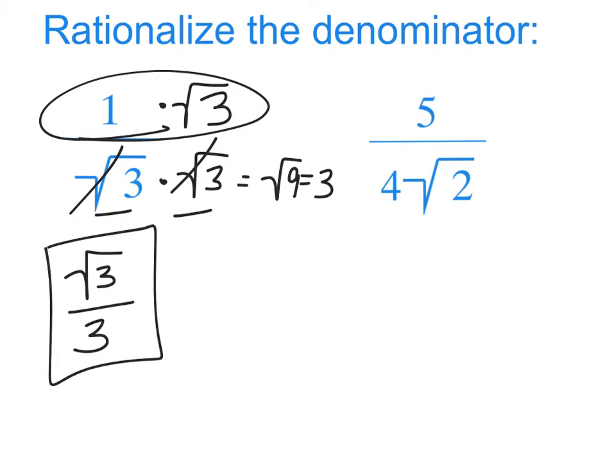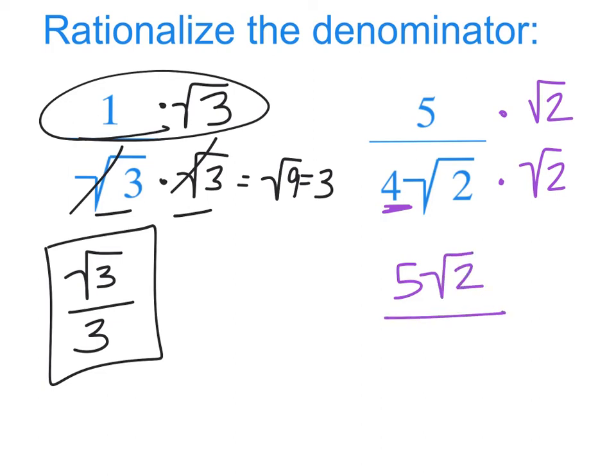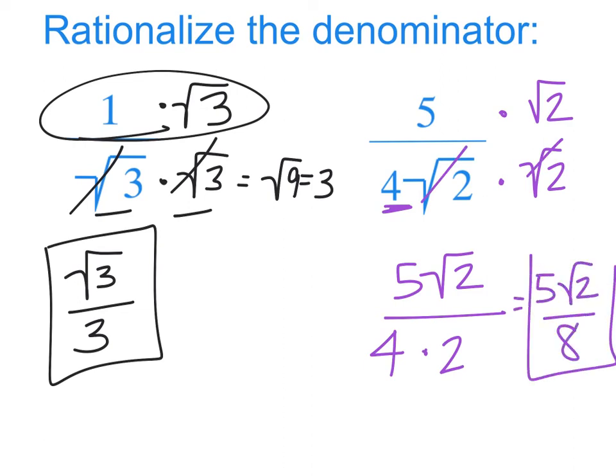And here I can actually multiply by just the square root of 2. I could multiply by the 4 as well, but then I just end up simplifying more in the end, and that's just not worth my time. So that becomes 5 square root of 2 all over 4 times 2, because remember this root goes away, and we're left with 5 square root of 2 over 8.